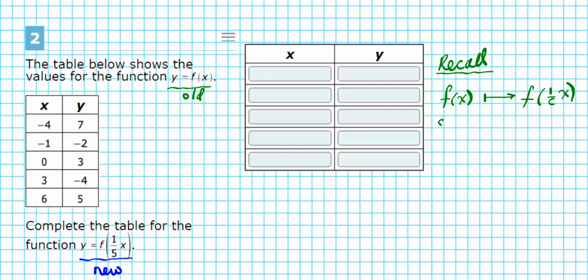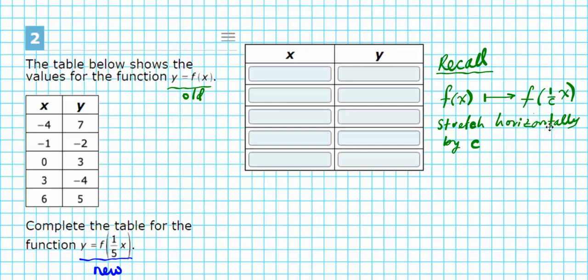So you stretch horizontally by a factor of c. That's the visual alteration on the graphical representation of this function, but we're dealing with numerical values here.